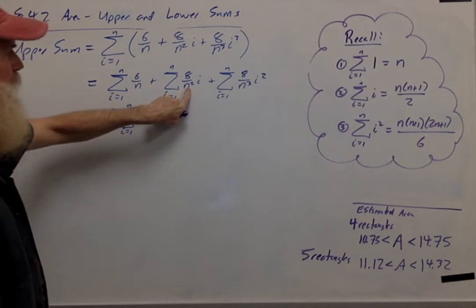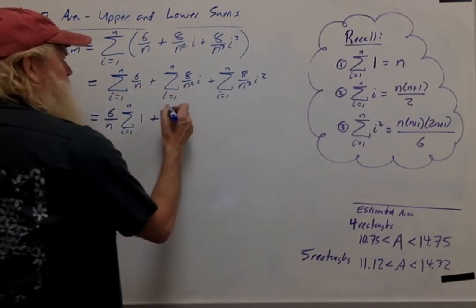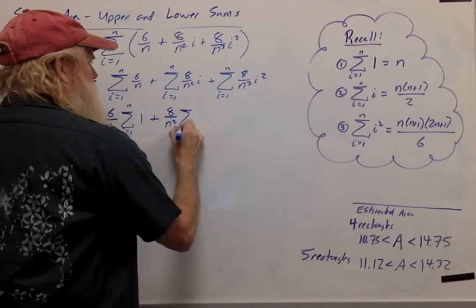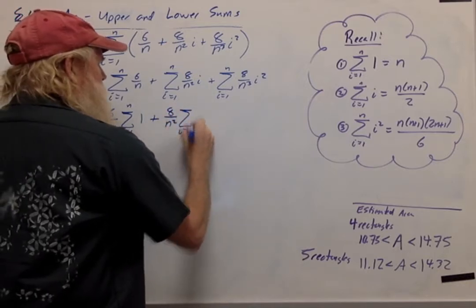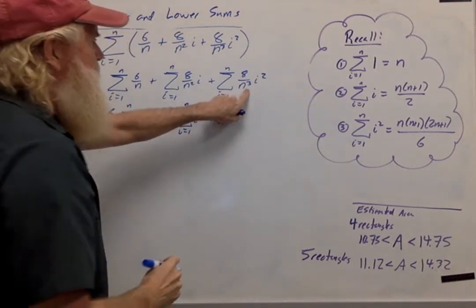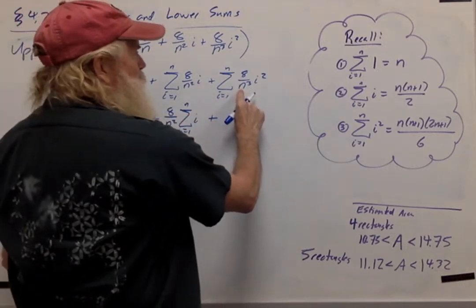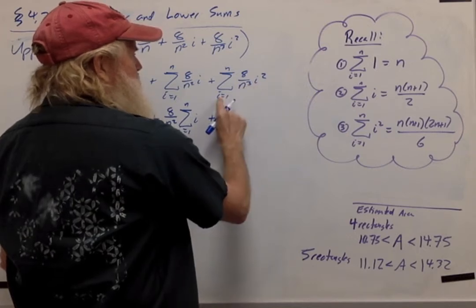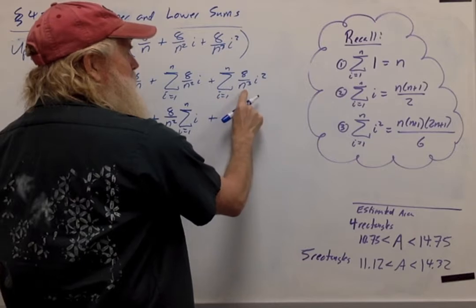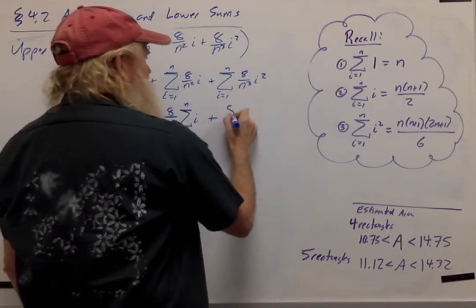So the 8 over n squared can be factored to the front. And in the last sum, I have 8 over n cubed times i squared. The i squared has got to stay inside because that's my index of summation. But the 8 over n cubed can be factored out front.